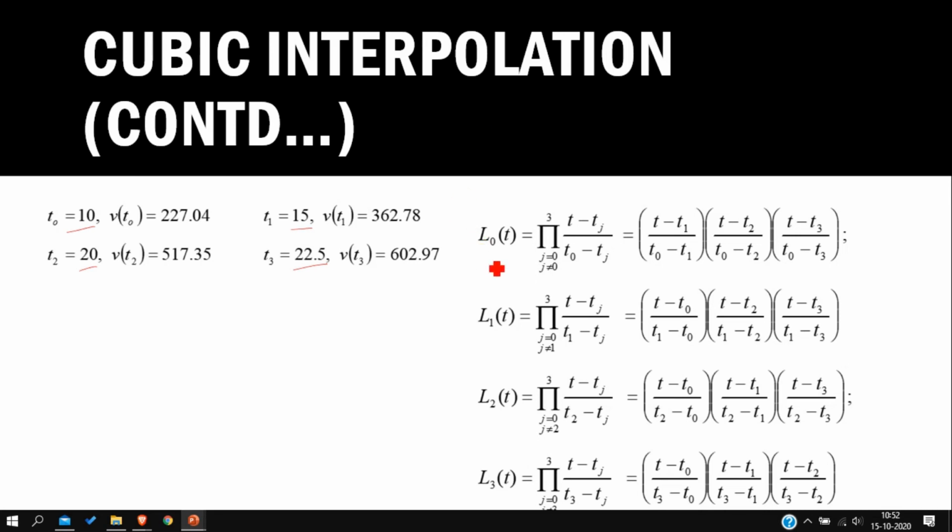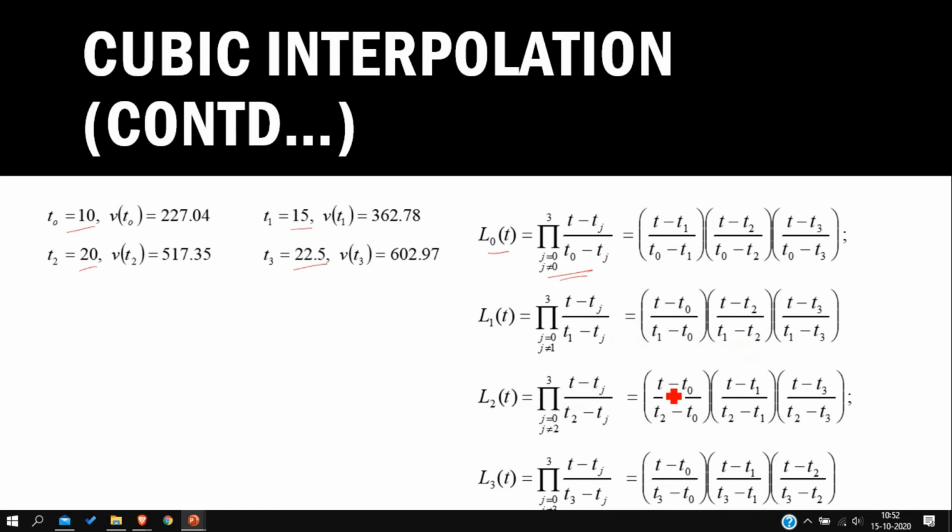So L0(t) you can find using this relation, or directly write t minus t1, t minus t2, t minus t3, divided by t0 minus t1, t0 minus t2, t0 minus t3. L1(t) is t minus t0, t minus t2, t minus t3, divided by t1 minus t0, t1 minus t2, t1 minus t3.